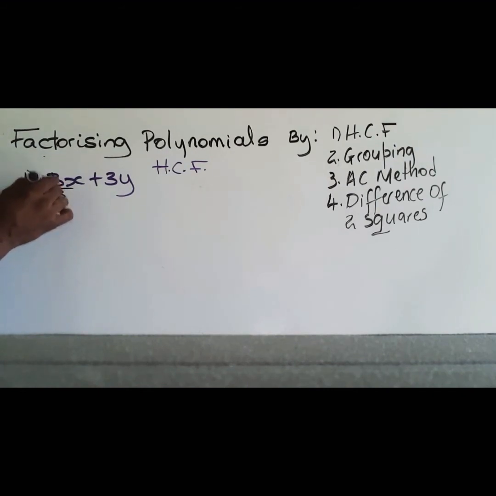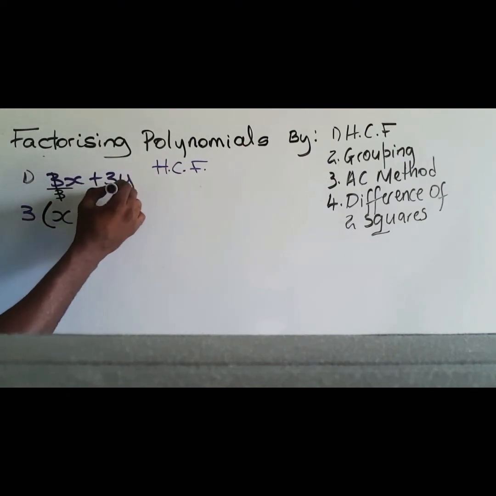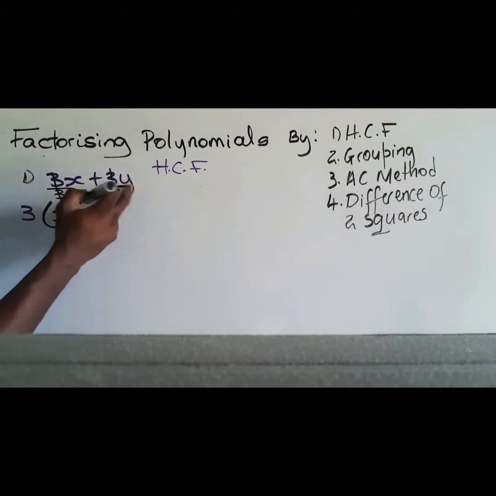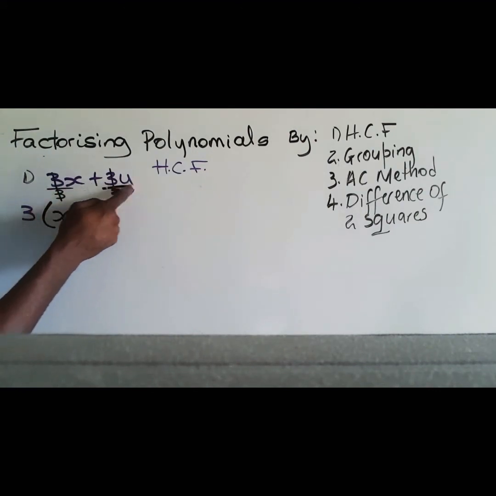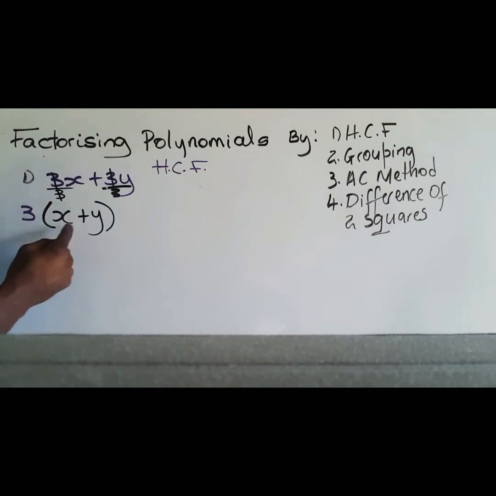You could see that it cancels, leaving an x. We're still going to divide the common factor, which is 3, into 3y. It cancels itself, leaving the positive y. And here we have it. The factor for 3x plus 3y is 3 times x plus y.